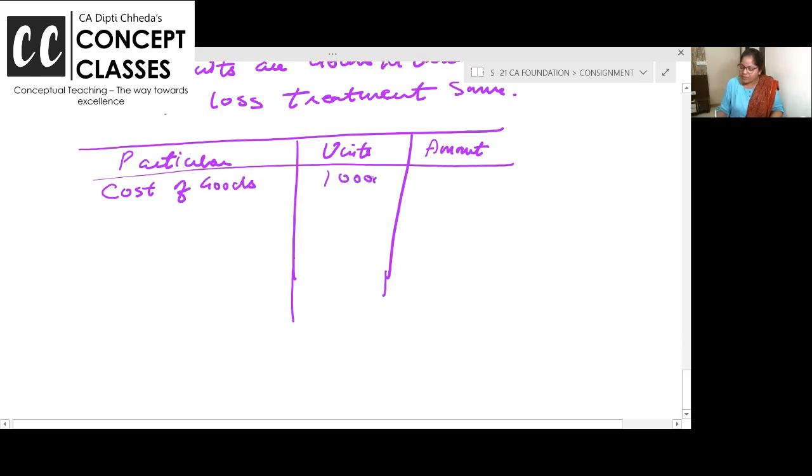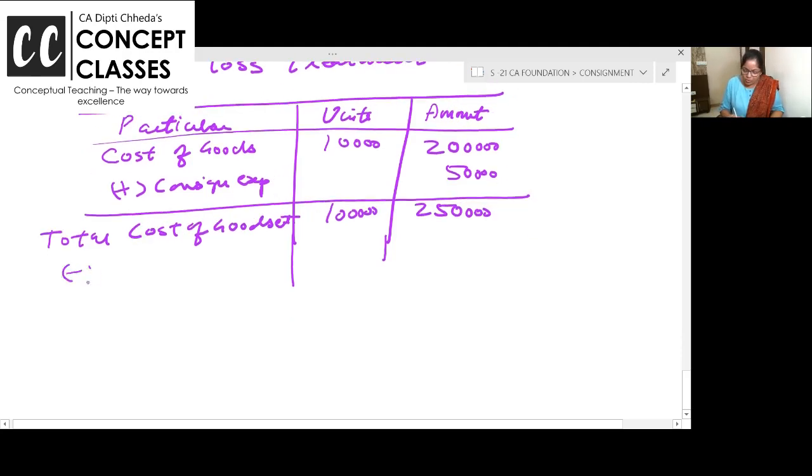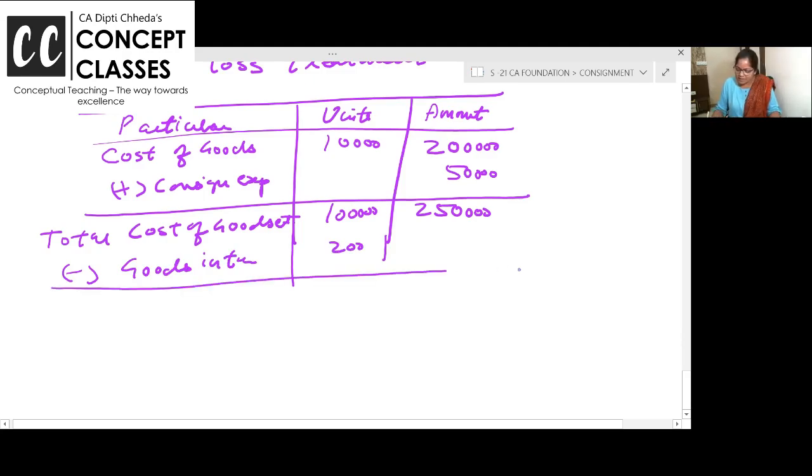Cost of goods 10,000 into 2 lakh, plus consignor's expenses 5 per unit, 50,000. Just read, it's the same problem. So total cost of goods sent, consignor ने 10,000 units भेजे, 2,50,000. Now goods are lost in transit or goods in transit. 200 units are still in transit.